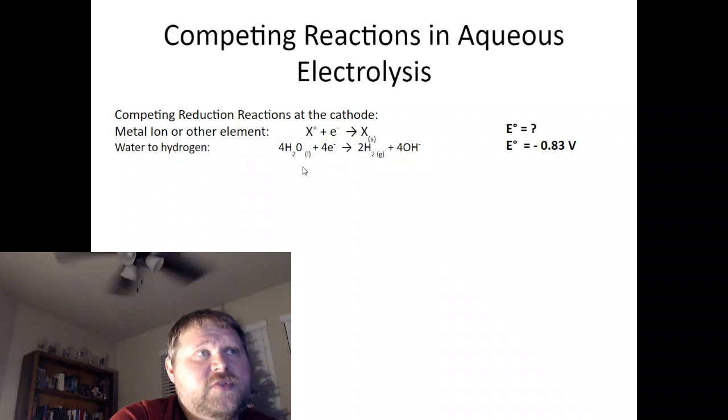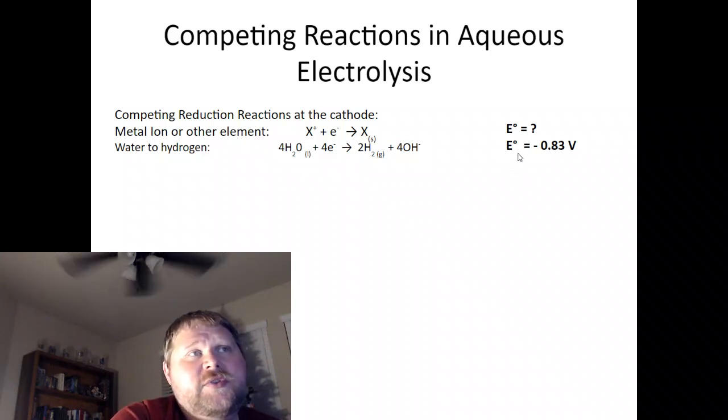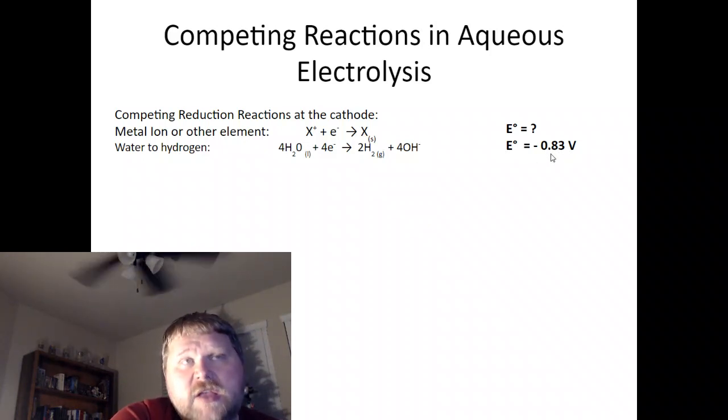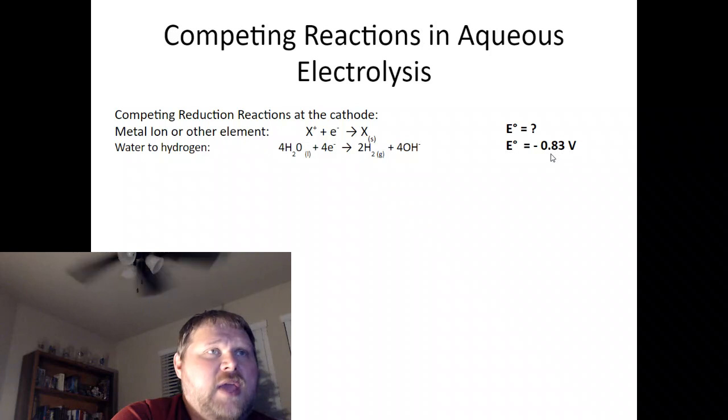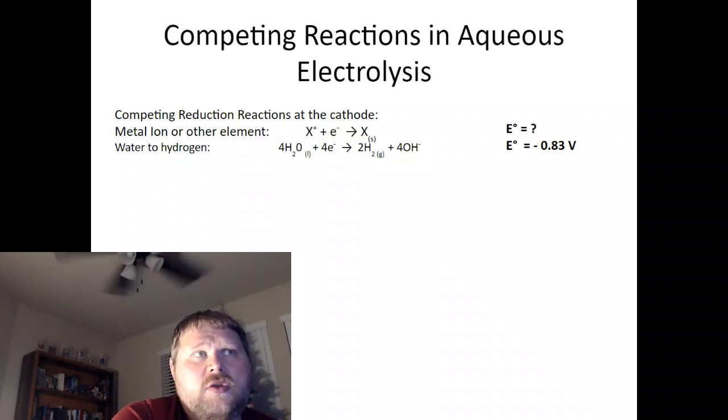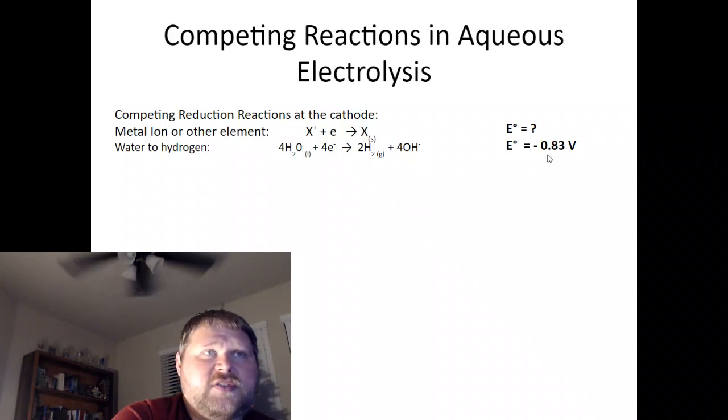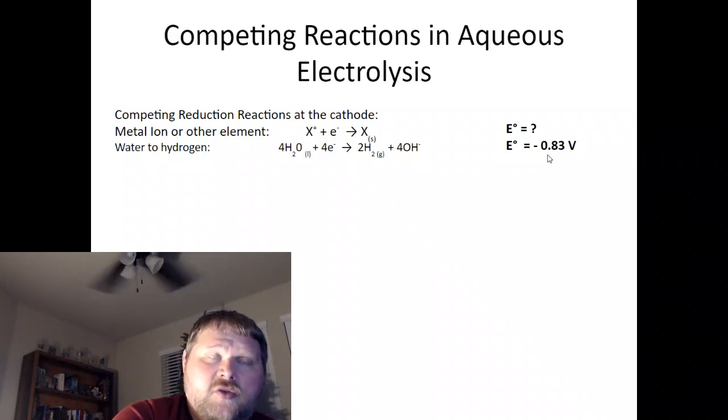So as you can see on the screen, the reduction potential for the water is negative 0.83 volts. So any metal cation that has a reduction potential less than negative 0.83, you will not be able to plate that metal out in an aqueous electrolysis cell because you'll be making hydrogen instead of the metal you want.